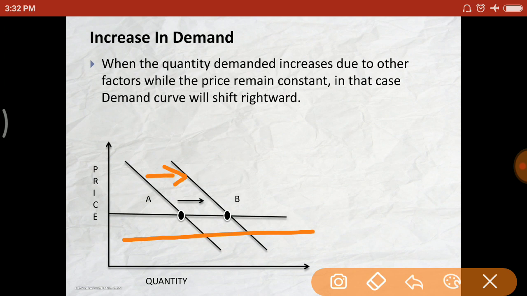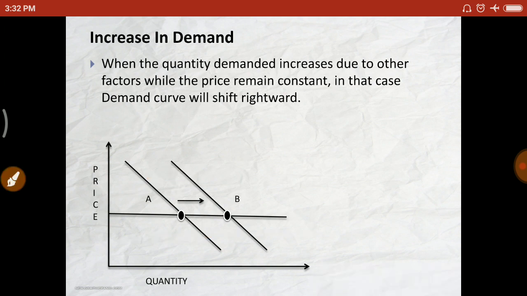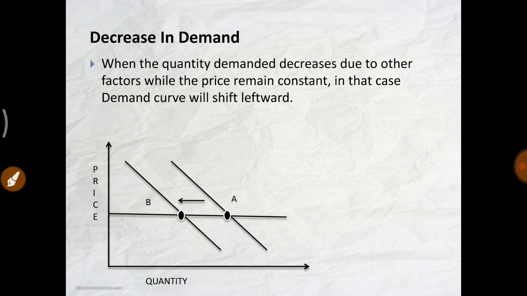Here it is not extension, here it is increase. बहुत माइन्यूट डिफरेंस है इंक्रीज और एक्सटेंशन में. एक्सटेंशन में प्राइस के चेंज होने के कारण एक्सटेंशन होता है, बट यहाँ पे इंक्रीज में योर क्वांटिटी इज इंक्रीजिंग but because of other factors. Next we have decrease in demand.